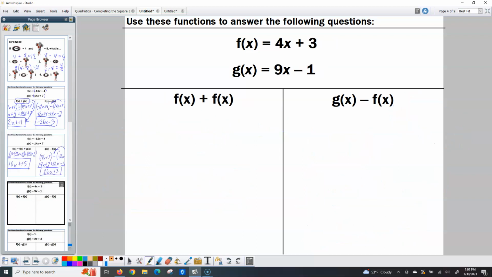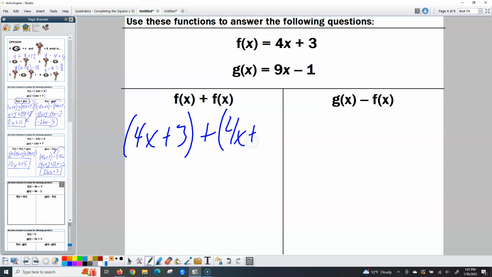Next one, if you want to push pause, try this one, probably a good idea. F of x plus f of x would be 4x plus 3 plus f of x is 4x plus 3. Like terms, that's 8x plus 6, I think.